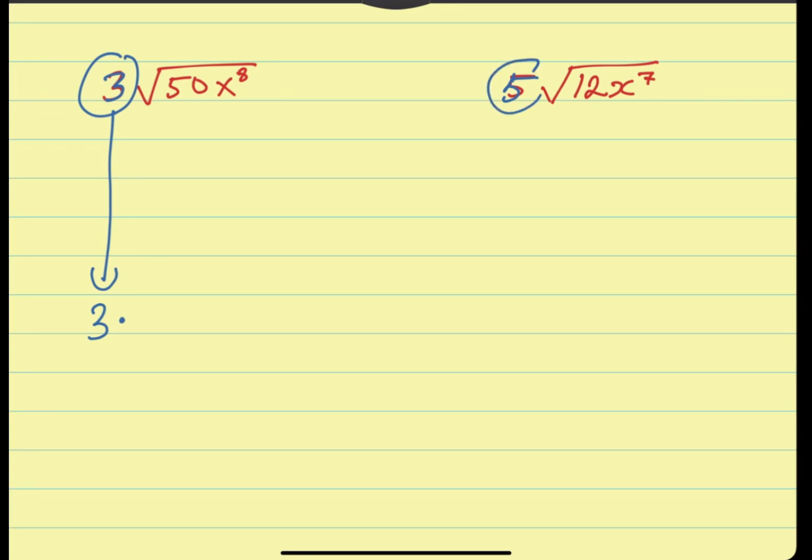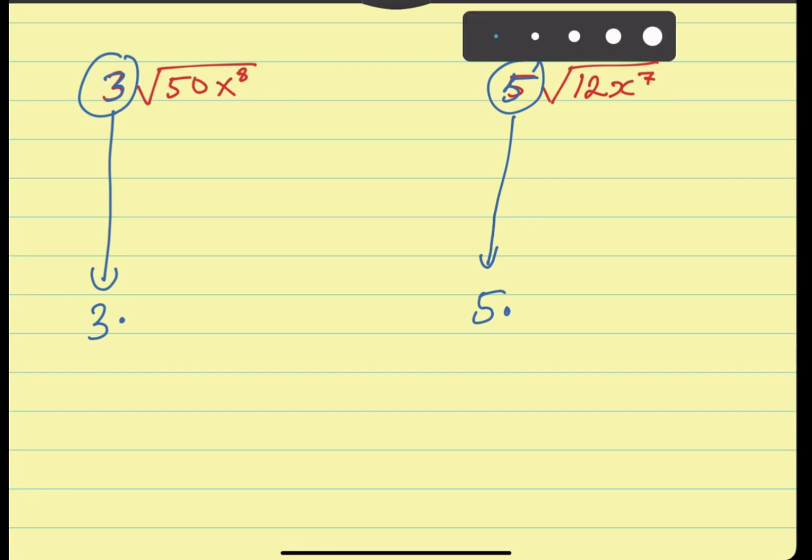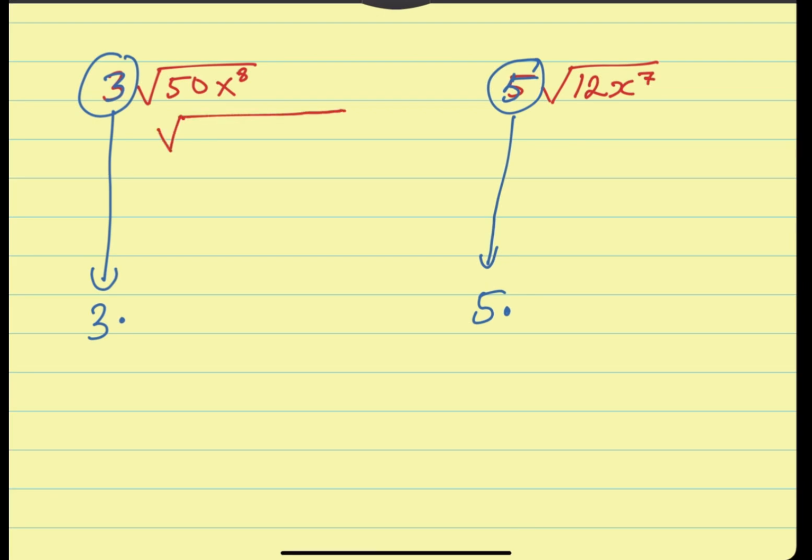What do we do with this 5? Drop it like it's hot, and you times it. Just put the times there. Now let's take care of the radical. How do we break down 50? But you don't times the 3 times 5 yet. Not yet.